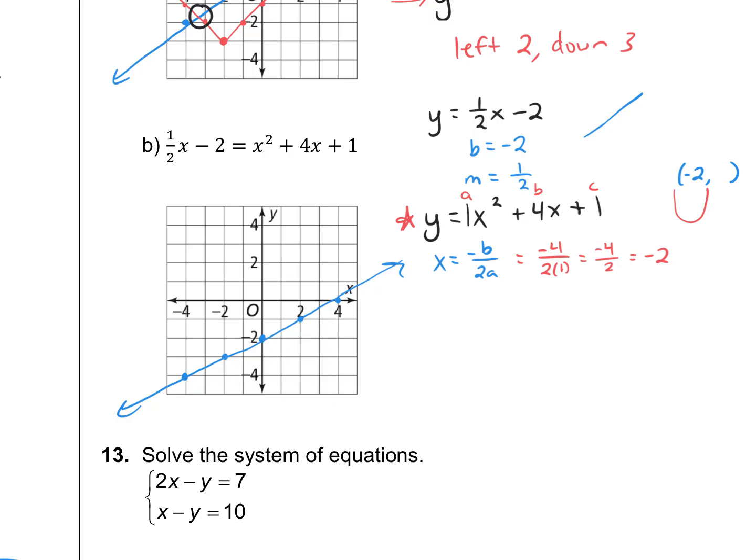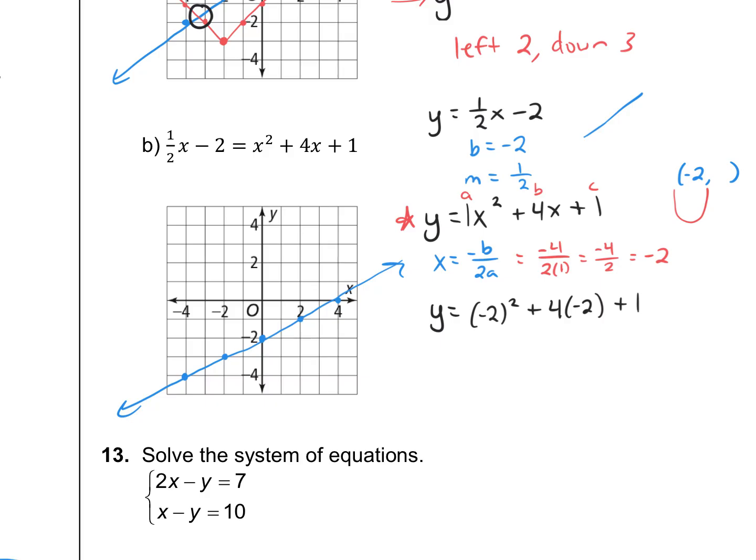And notice, we know what y equals, right? We know y equals this whole equation here, so we're going to plug in -2 for the x's. So, following along, we get y equals -2 squared plus 4 times -2 plus 1. From here, we just evaluate.